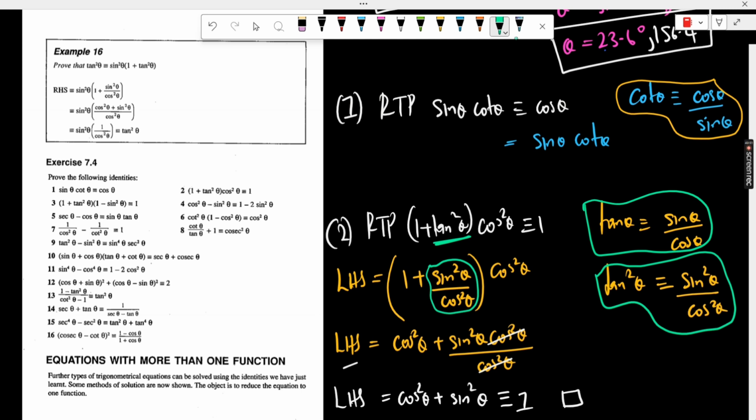Good? Yes, sir. Following? Yes, sir. And so what we're doing is multiplying the terms of this bracket by cos squared theta, which means each term inside the bracket must be multiplied by cos squared theta. So cos squared theta times 1 gives me cos squared theta. And then cos squared theta times sine squared theta over cos squared theta gives me sine squared theta cos squared theta over cos squared theta.